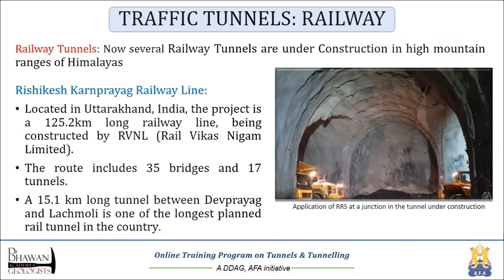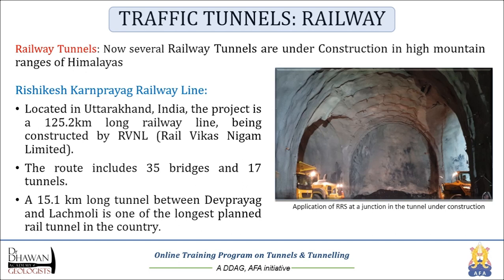Several railway tunnels are under construction in high mountain ranges of Himalayas. First one is Rishikesh-Karnaprayag railway line. It is located in Uttarakhand state of India. The project is about 125 km long railway line being constructed by RVNL, the Rail Vikas Nigam Limited.